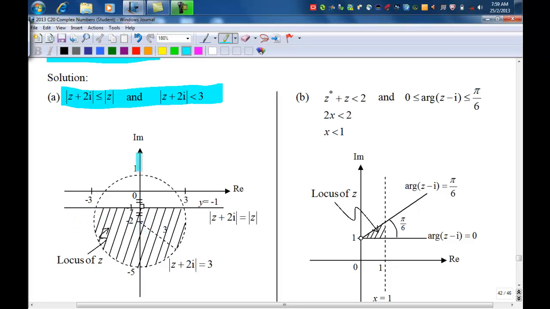You can see the first one, which is everything below this line. Everything below this line. Now the second one is everything inside this circle. Everything inside this circle.